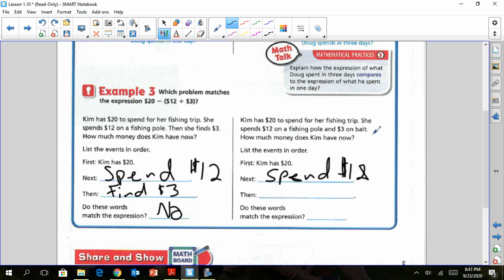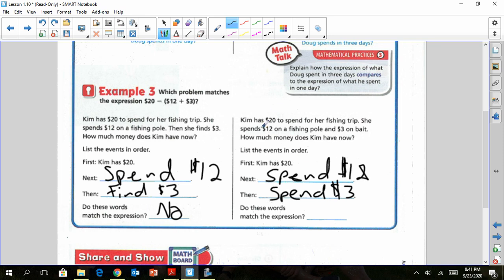So she spent $12 on a fishing pole and spends $3 on bait. Okay, so if she spends 12 and then she spends 3 more, she spends 15 total dollars.